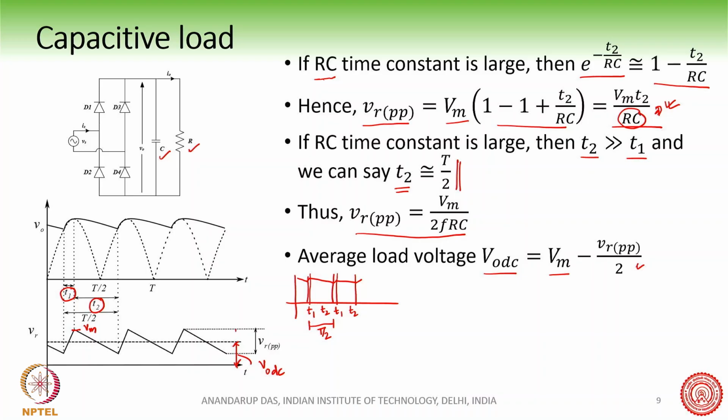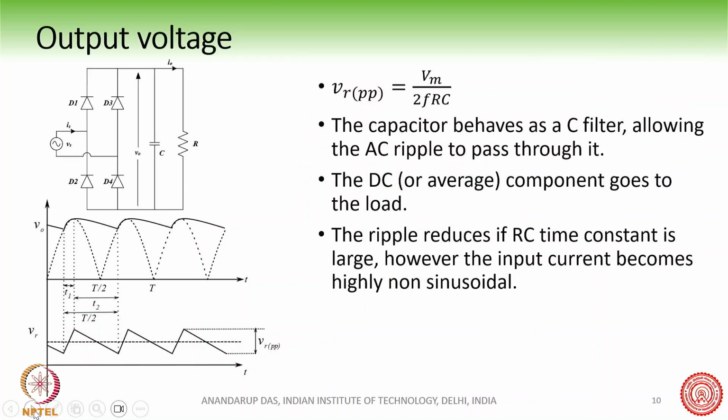We will take up an example on how to find out these voltages sometime later. Therefore here we can see that the capacitor behaves as a C filter, allowing the AC ripple to pass through it. The DC cannot pass through the capacitor because the capacitor has infinite impedance at DC.